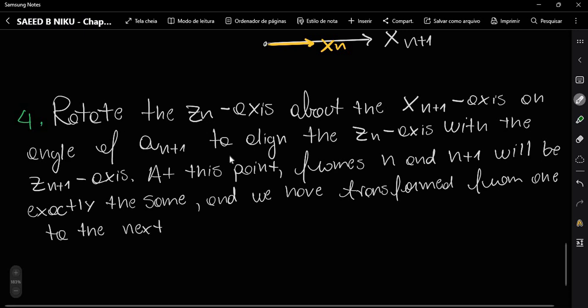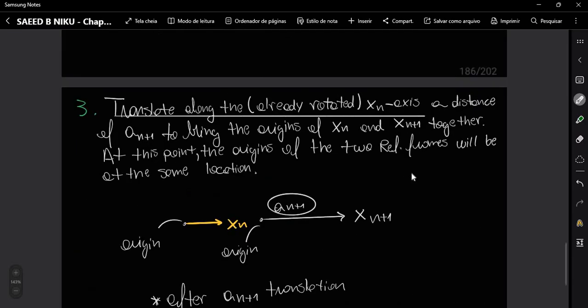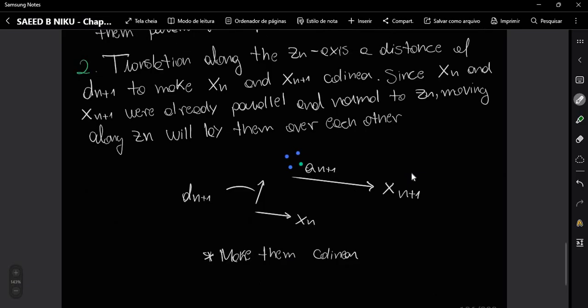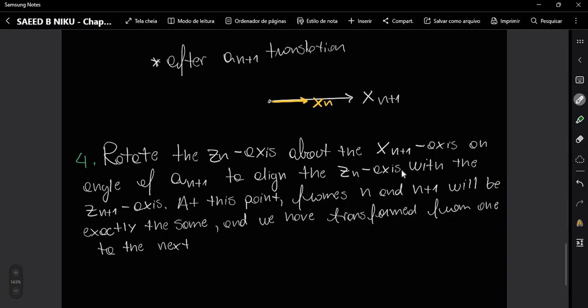So as you can notice, it is a sequence of motions, and it's very intuitive when following this illustration that I made. It's very intuitive that we are doing this transformation from one frame to the next.